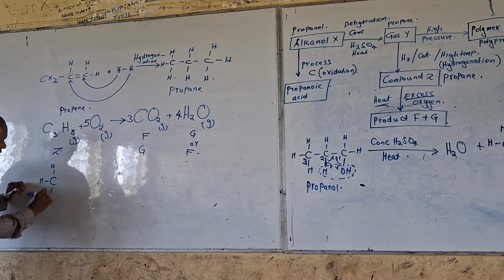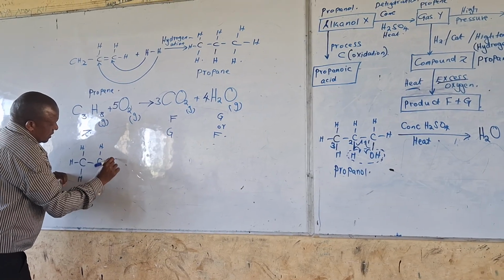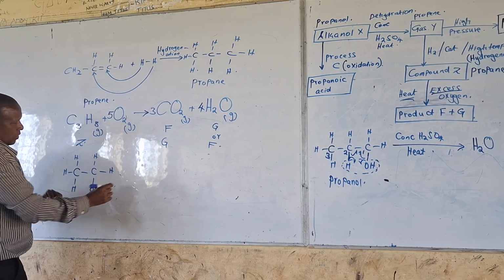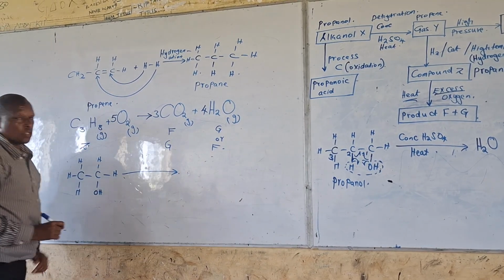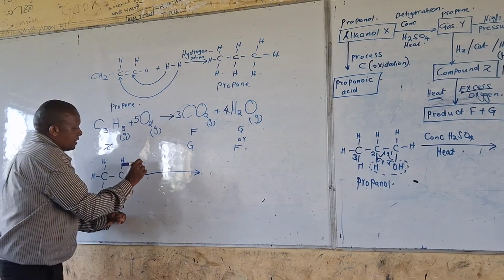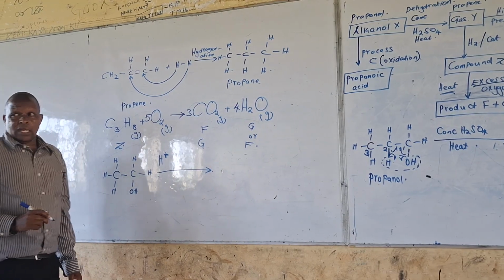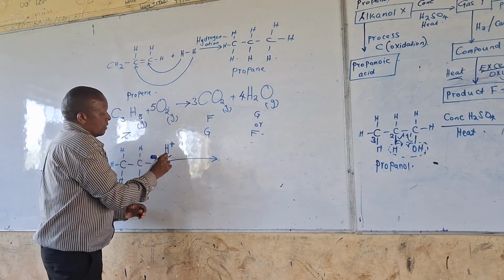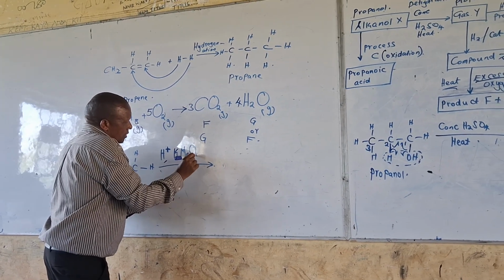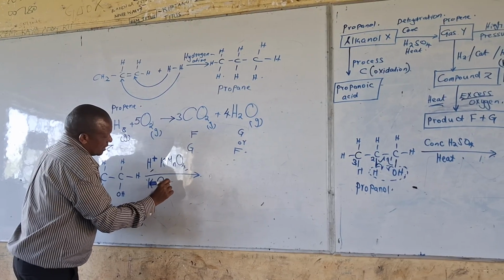This is H, H, H, and then C, H, and then H, and then OH. Now, you carry out oxidation using a strong oxidizing agent, which can be what? Acidified. When you see H positive, it means what? Acidified.